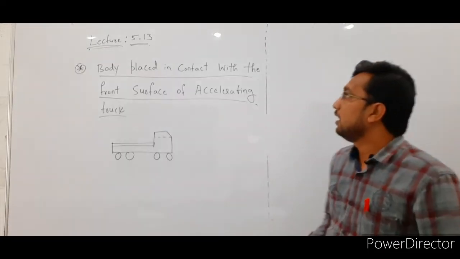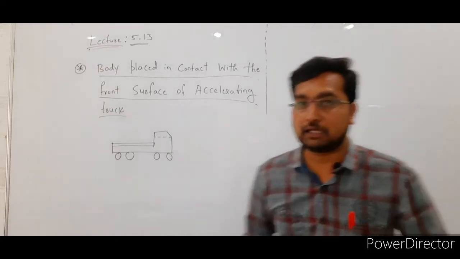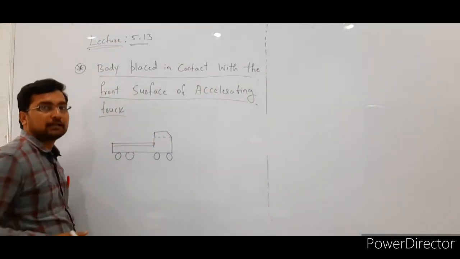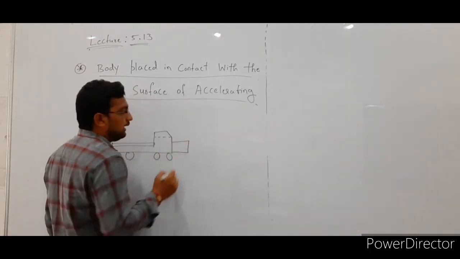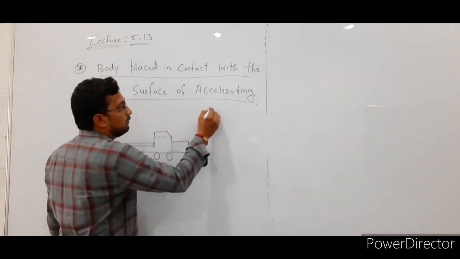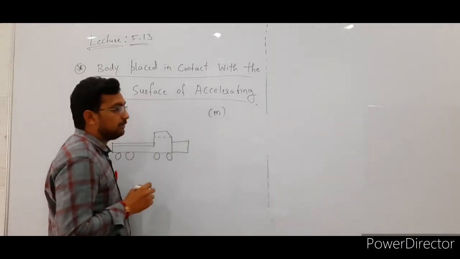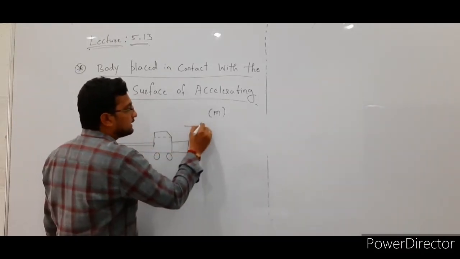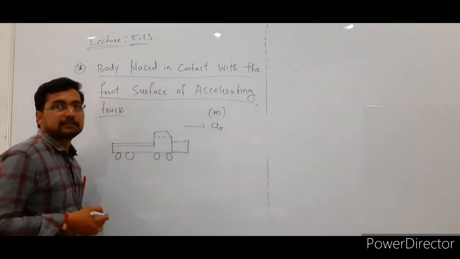The next one: a body placed in contact with the front surface of an accelerating truck. Let us assume that this is a truck. In this case we place a block of mass m in contact with the front face of the truck. Here m indicates the mass of the block. This truck is accelerating in this direction.